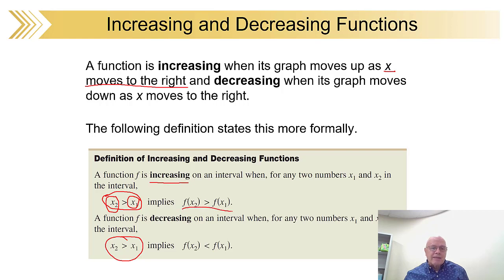That's what this means. Here are the y values. The first y value is not as big as the one to the right. That's all it means. And decreasing means that as you're going from left to right, the y values are getting smaller instead of larger.